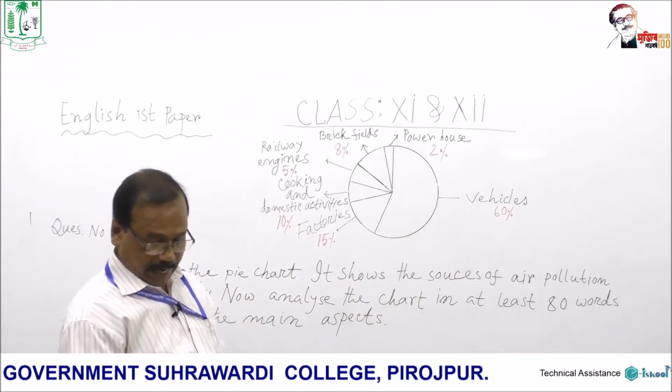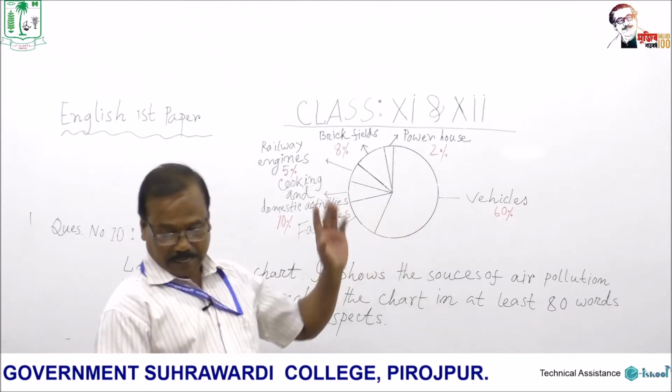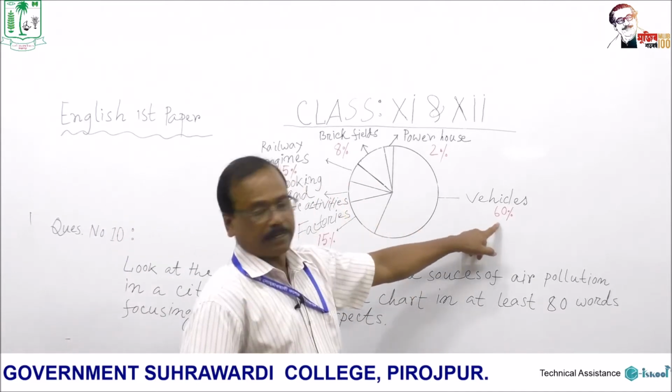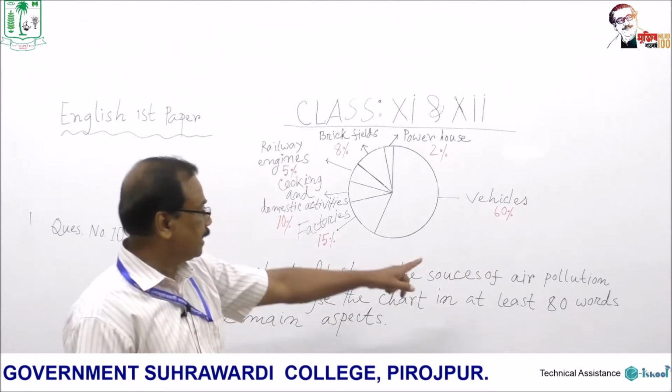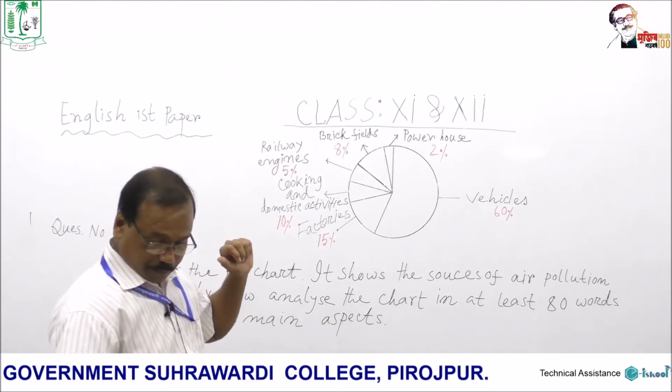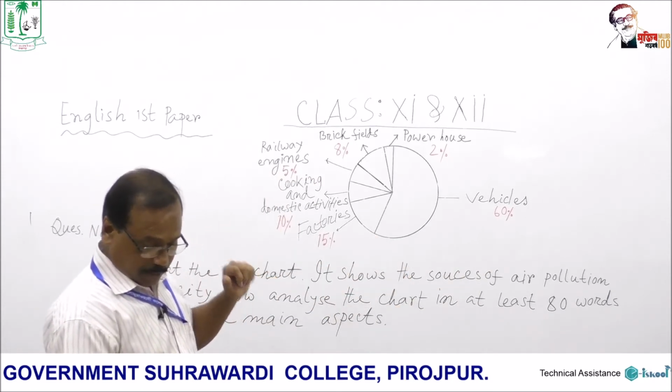It is seen that air is polluted 60% by vehicles. Then put a comma.